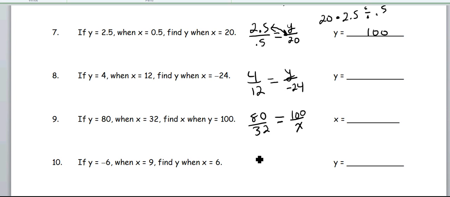If y equals negative 6 when x is 9, find y when x is 6. So if you will do that, and just as an example, negative 6 times 6 divided by 9, the last one would be negative 4. All right, you have to fill these in, and you can bet that I'm going to have you fill in your answers for those on a quiz.